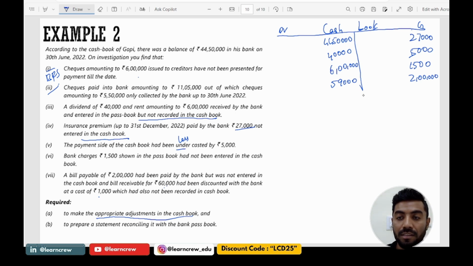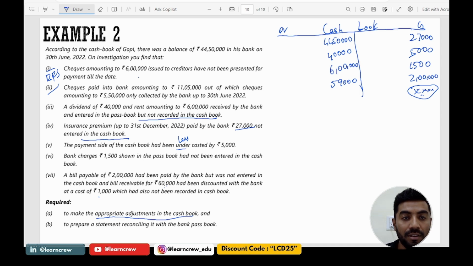So just balance this account and you'll get a balance. You'll be getting the overall difference, the excess, on the debit side. So you can take this balance. Fine.